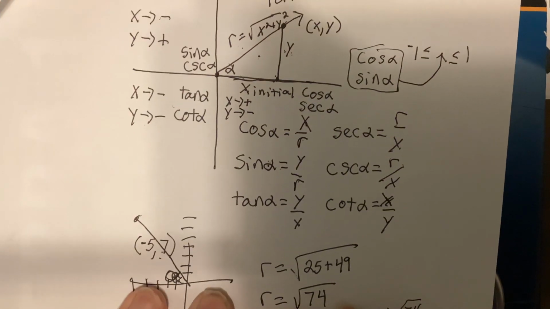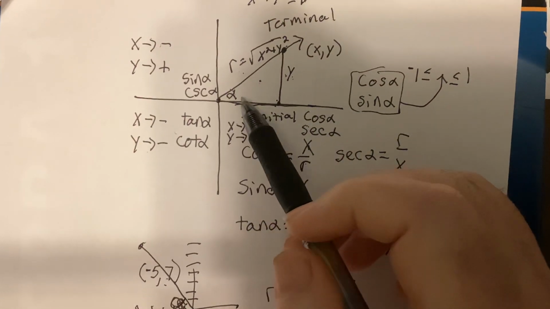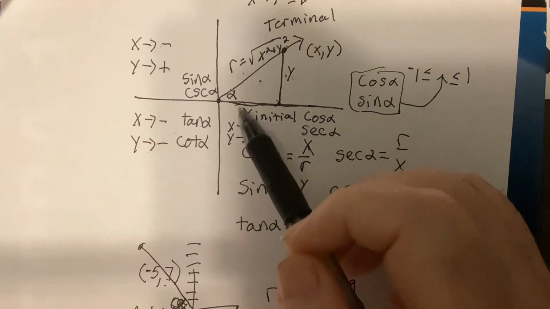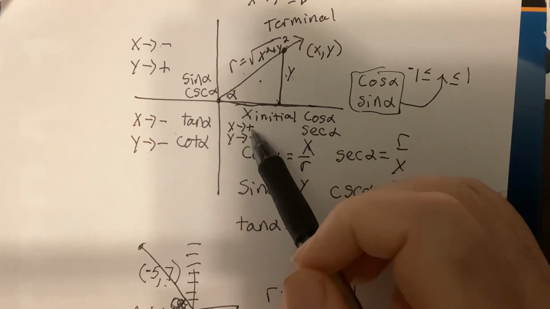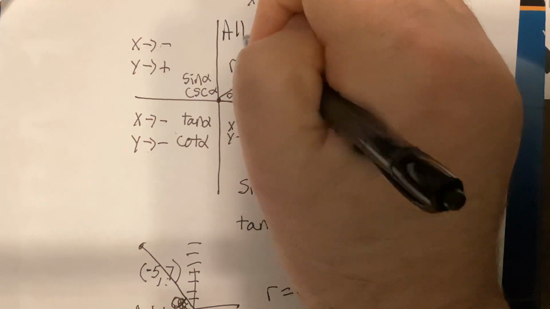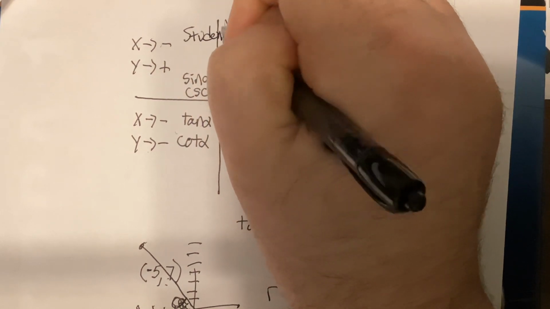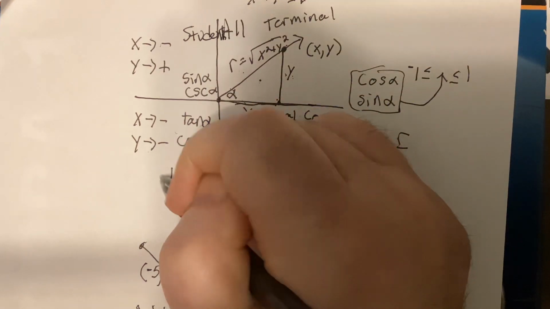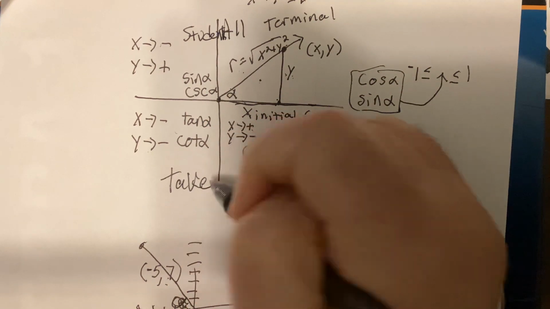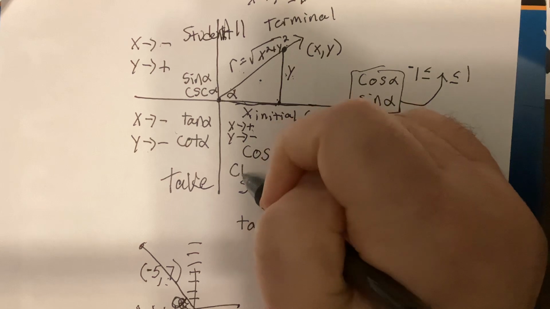Now, if you have trouble remembering which trig functions are positive in which quadrants, they have a little phrase: all students take classes.